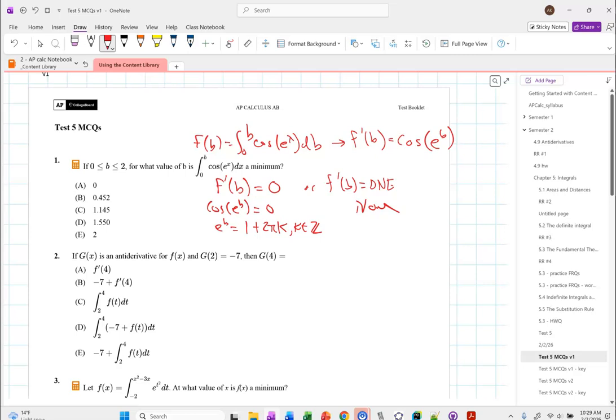Now, b is stuck between 0 and 2. We've got to remember that, but we haven't got b by itself yet, right? So what do we need to do to get b by itself? Natural log both sides.